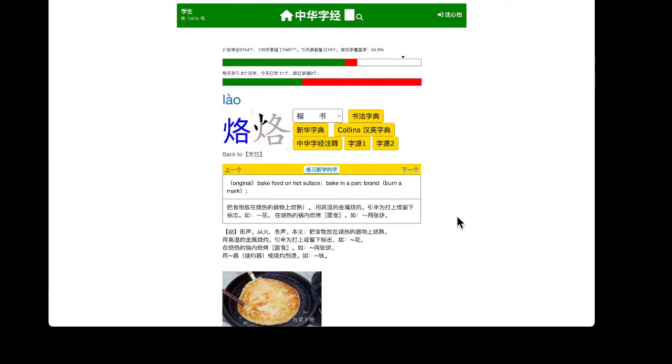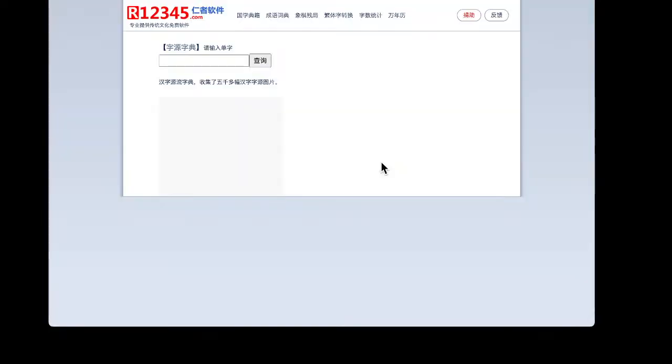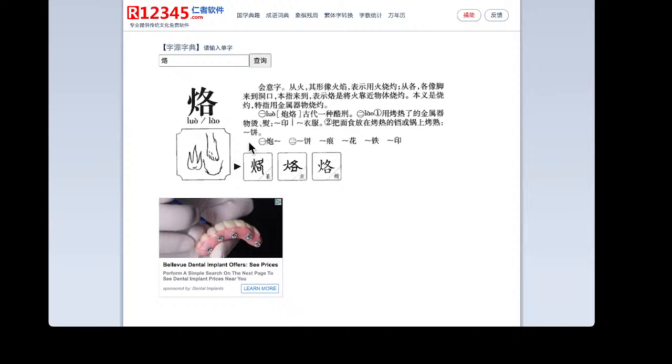Another meaning is brand. Brand means burn a mark. That's also called lao. Let's take a look at this character. Again, fire radical on the left, and on the right-hand side is ge.